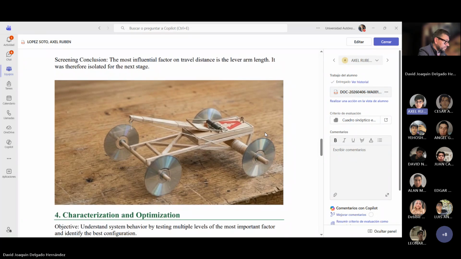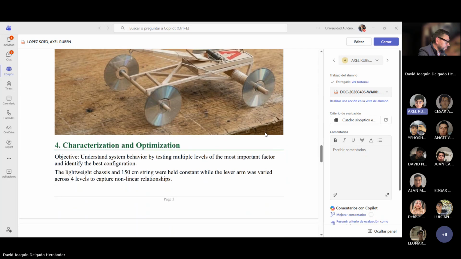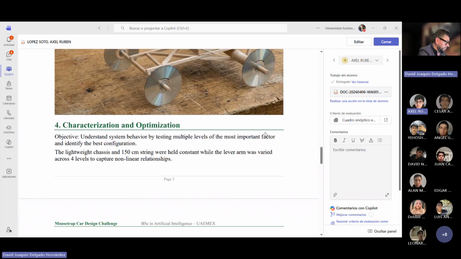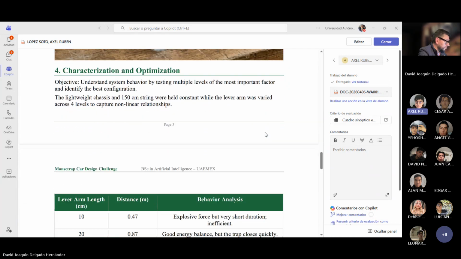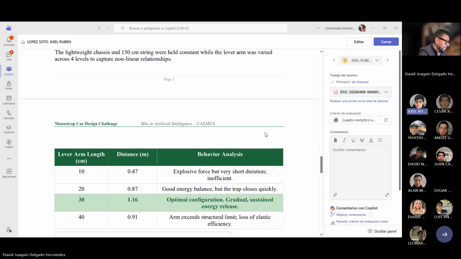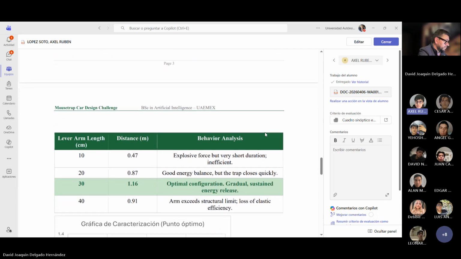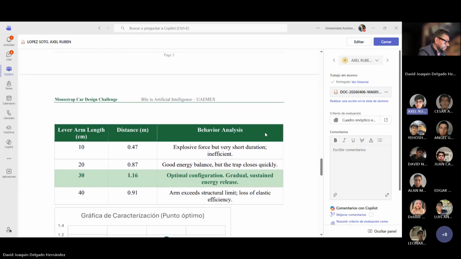In theory, our optimal configuration was 30 centimeters. This length acts like a progressive gear, distributing the energy in a sustained manner and maximizing the mechanical efficiency. With this setup, we achieved the maximum distance.